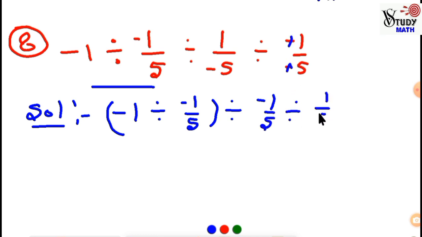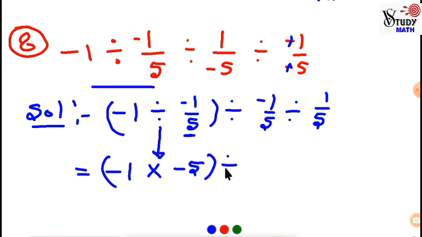Now negative 1 by 5, in place of the divide sign we apply the multiply sign and write down the reciprocal of this number. The reciprocal of negative 1 by 5 is negative 5, divided by negative 1 by 5 divided by negative 1 by 5.